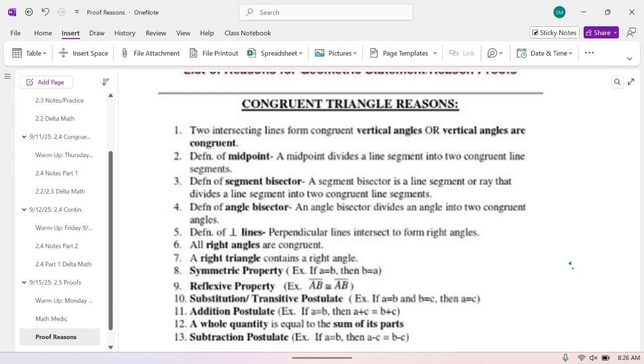What they both have in common is that when you're making proofs, you always have to have a statement, which is kind of like a claim. So these two angles are congruent, or these two sides are congruent, or these two sides are parallel, or whatever. And then your reason, which goes along with the statement.